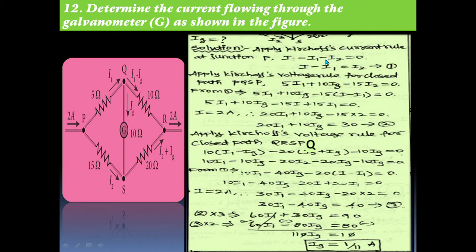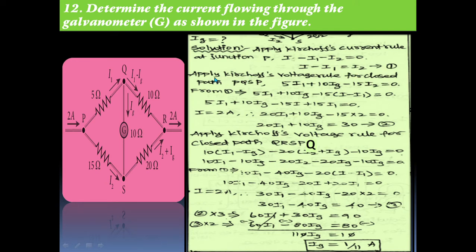Minus I2 is equal to 0, because the algebraic sum of the currents meeting at any junction in a circuit is equal to 0. Now rearrange this equation: I minus I1 is equal to I2. This is the first equation.